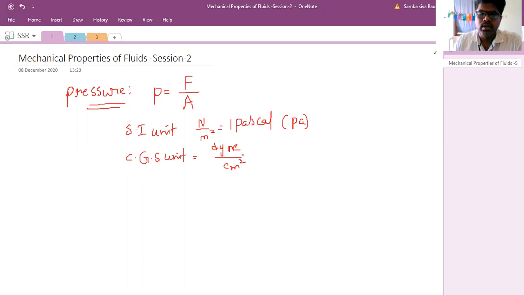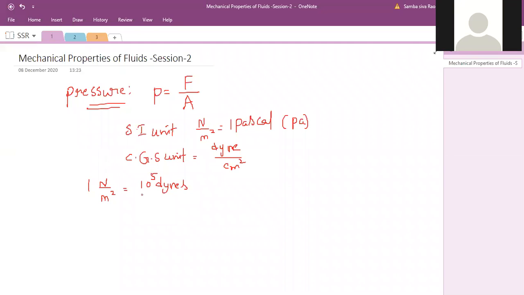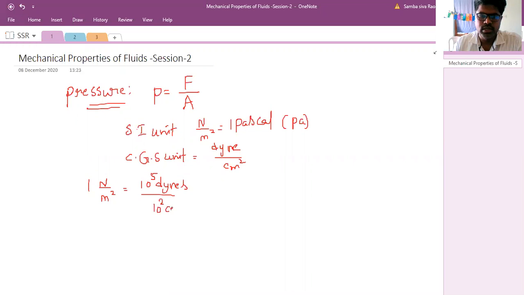Now we relate Newton per meter square and dyne per centimeter square. Suppose 1 Newton per meter square. 1 Newton is equal to how many dynes? 10 power 5 dynes. Do you agree? Yes, sir. And 1 meter is equal to 10 power 2 centimeters, 100 centimeters, whole square.